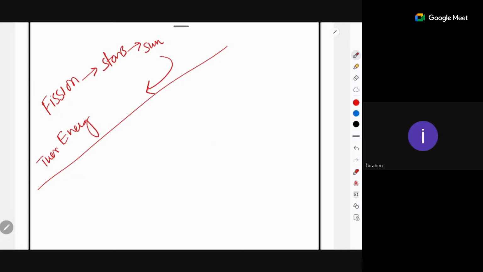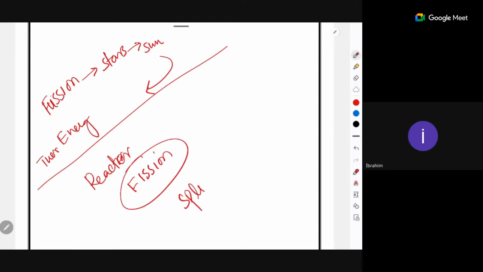And in reactors, what do you do? Sorry, this is fusion, my bad. In reactors, there are fission reactions. Fission is the splitting of a heavy nucleus into smaller ones.